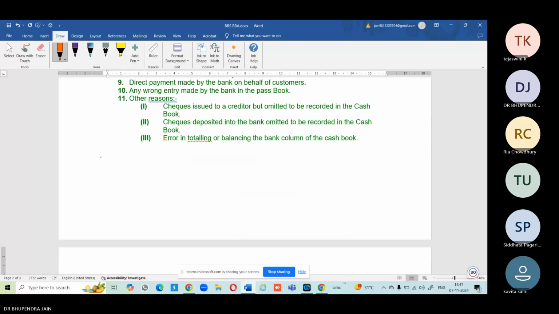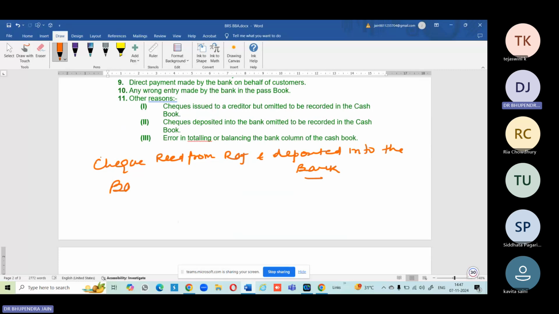Suppose a check is received from Raj and deposited into the bank. So what will be the entry? Entry will be bank account debit to Mr. Raj for rupees 10,000, suppose.